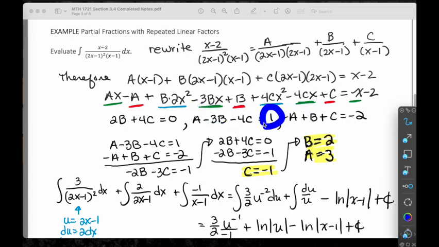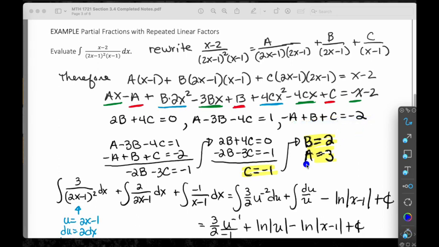I want that to add to give me 1. And then I want all my constants to add up to give me a negative 2. So when I look at my constant stacks in red, I've got a negative a, I've got a positive b, and I've got a positive c. So those coefficients need to add up to be negative 2. So here's my third equation.